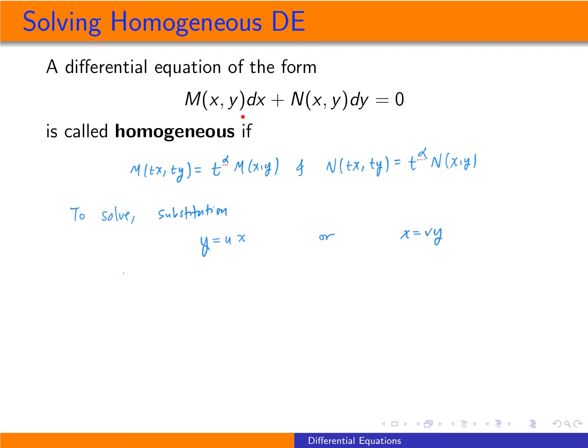If the quantity with the dx is simpler, use the x substitution. If the quantity with the dy is simpler, use the y substitution. Either way though, dy is going to become u dx plus x du, just think product rule, or if you use the x substitution, dx is going to become v dy plus y dv.